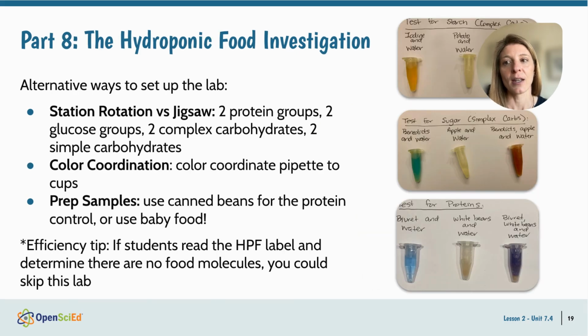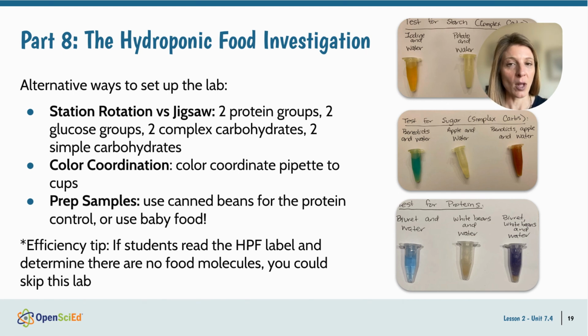In part 8, let's talk about ways to organize this. Try a station rotation. To keep things moving, set up dedicated stations for complex carbohydrates, simple carbohydrates, proteins, and fats. Use color coordination. Color coordinate your pipettes to the cups. Remember to prep the samples.